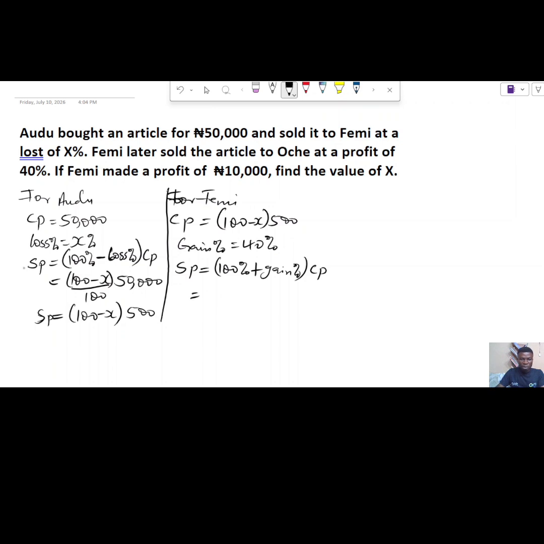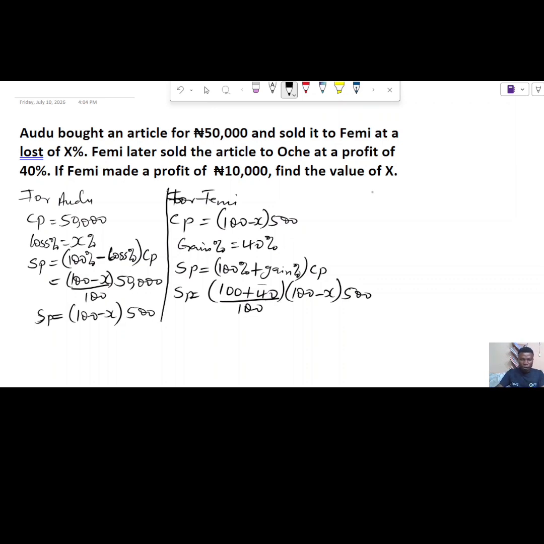And this will give us, that selling price will give us this 100 plus 40 all over 100, bracket close, we multiply by the cost price, which is 100 minus x, then bracket close, 500, right?